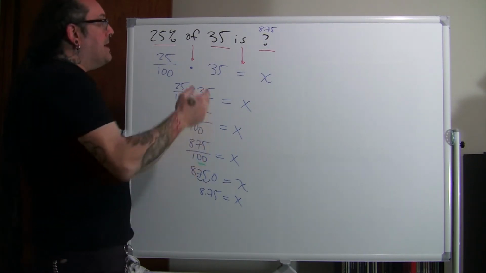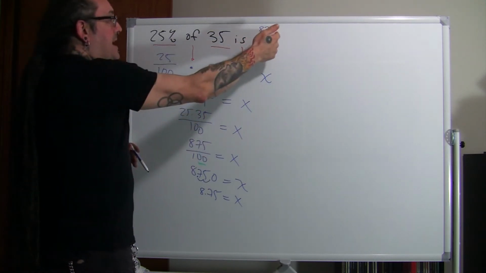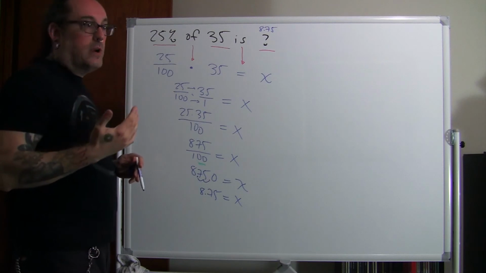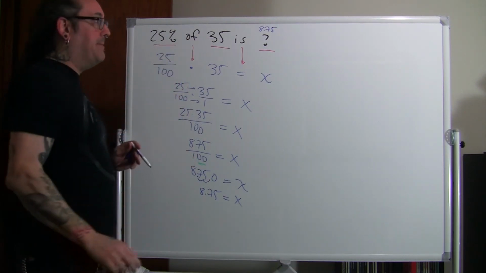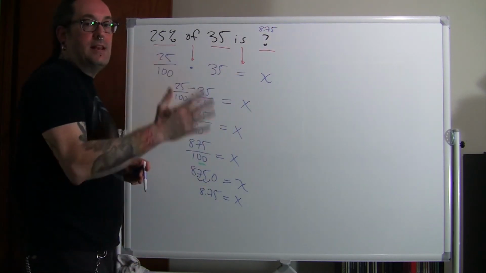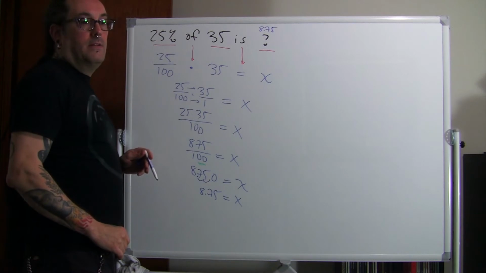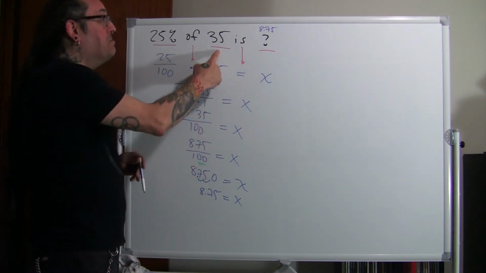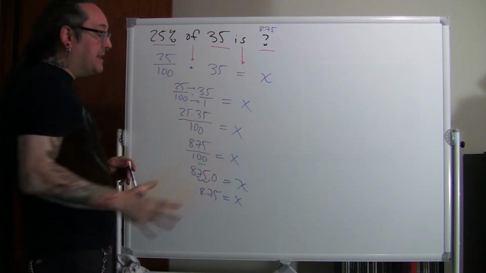So the check is, if I multiply 8.75 by 4, do I get 35? I don't want to pick up the calculator again. I'm going to estimate. 8.75 is nearly 9. If I multiply 9 by 4, do I get close to 35? 4 times 9 is 36. Pretty darn close. So it actually makes sense in the context of our problem.